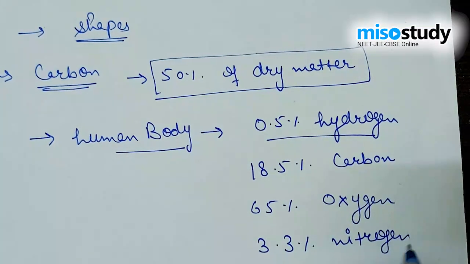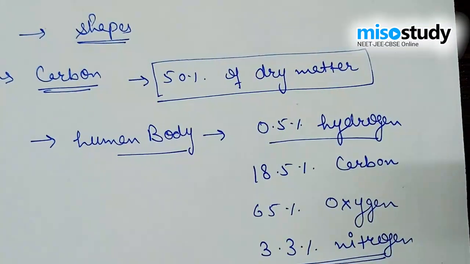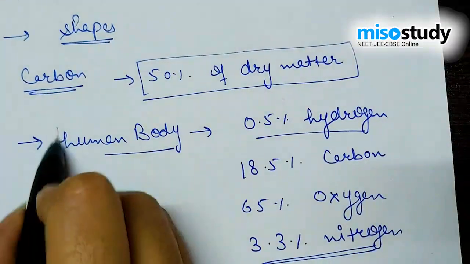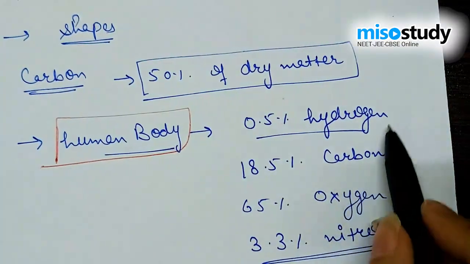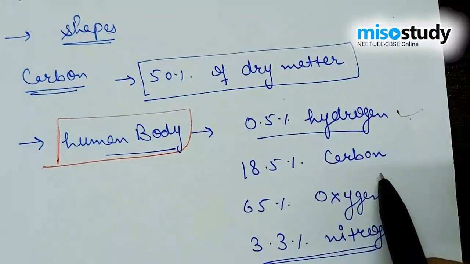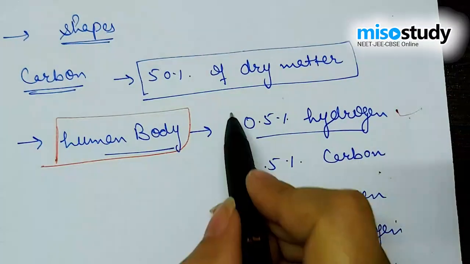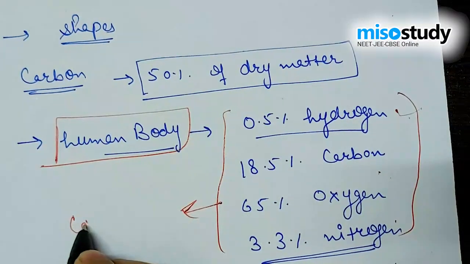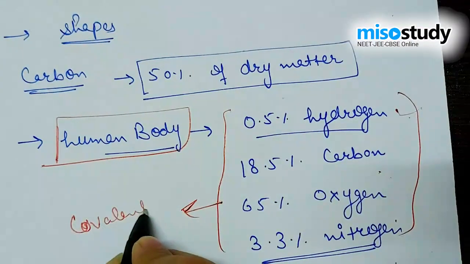This was the exact data that generally forms the human body. The human body is formed by the four light atoms, hydrogen, carbon, oxygen and nitrogen, all arranged by covalent bonds.